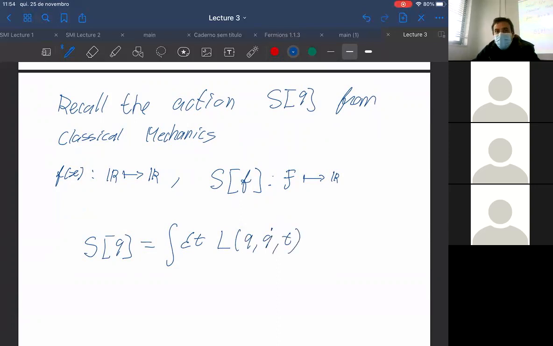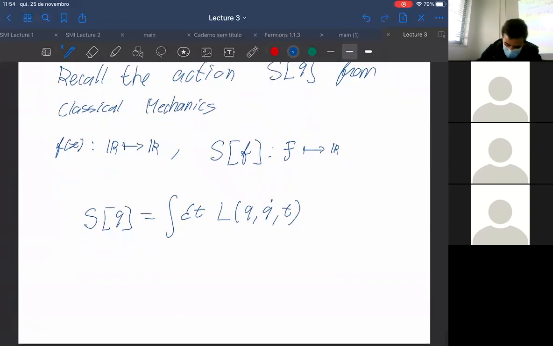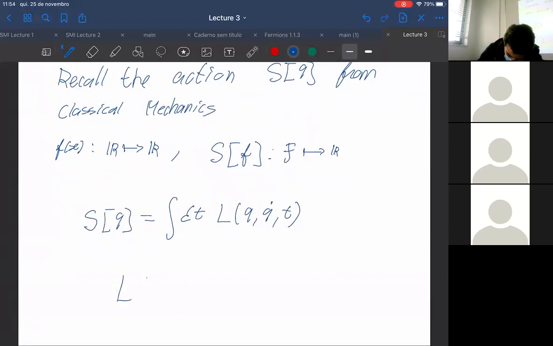And the Lagrangian is no more, no less than the kinetic energy minus the potential energy.